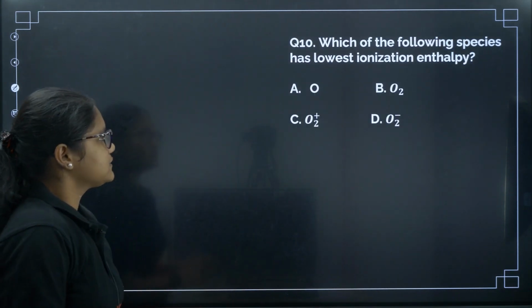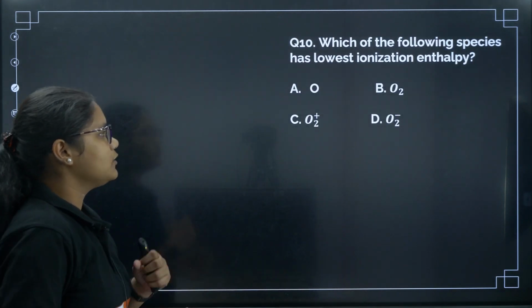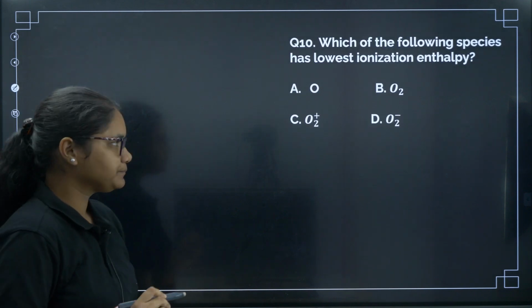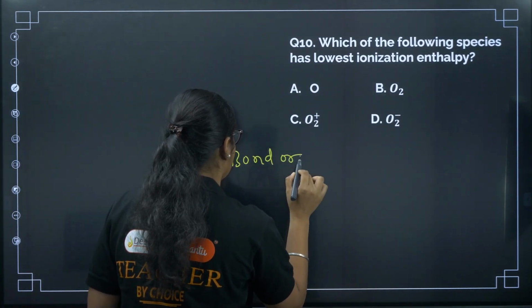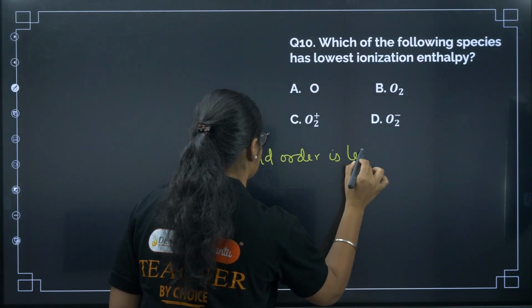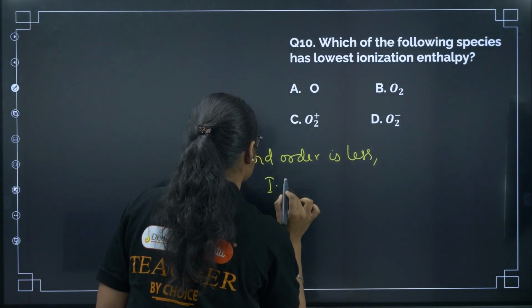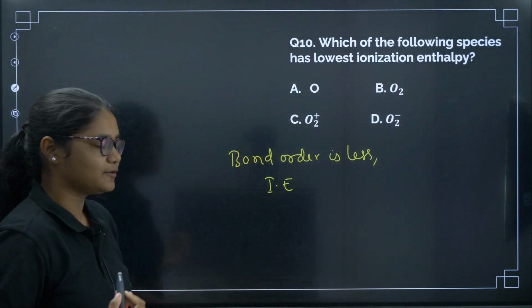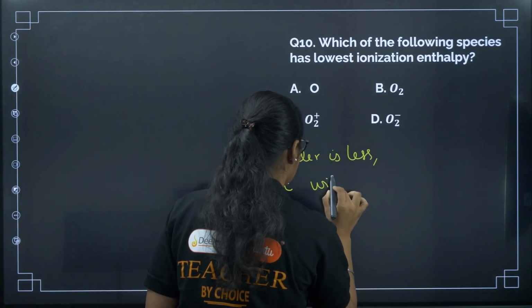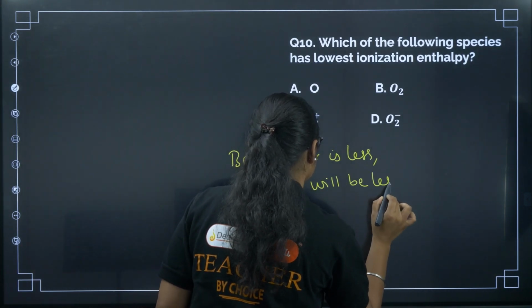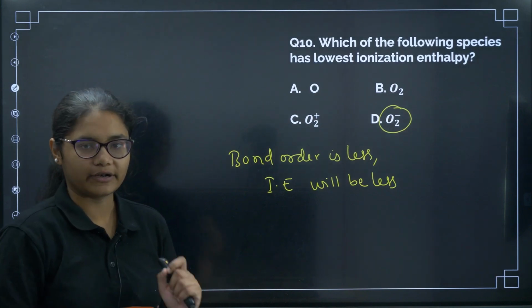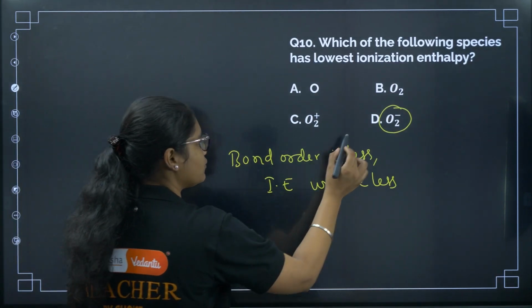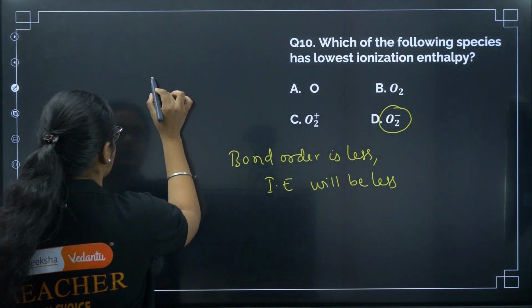Easy question. Next one, which of the following species has the lowest ionization enthalpy? So if bond order is less, then it will be very easy to break them, so ionization enthalpy will be less. Okay. So if you see O2 minus, bond order is the least. For O2 bond order, I have given you a table.